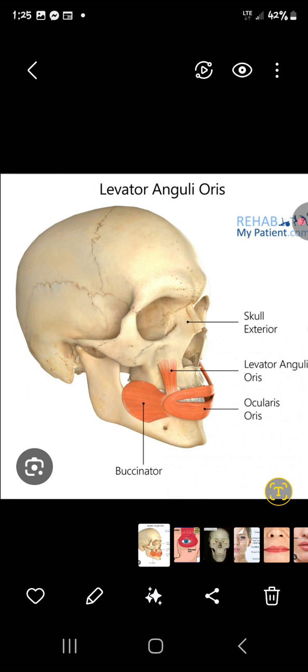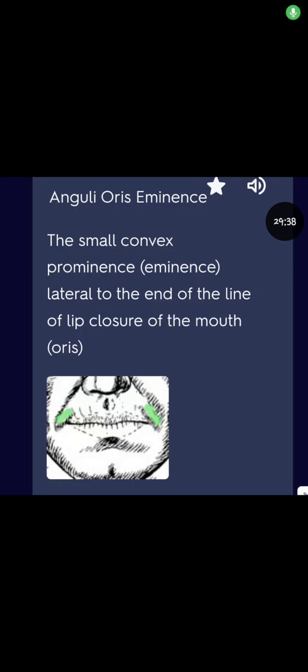In English, eminence is some Queen's English thing for like his or her eminence or whatever. Here, eminence just means protrusion, projection, prominence, like sticking out.